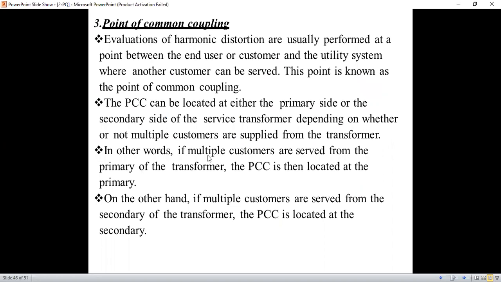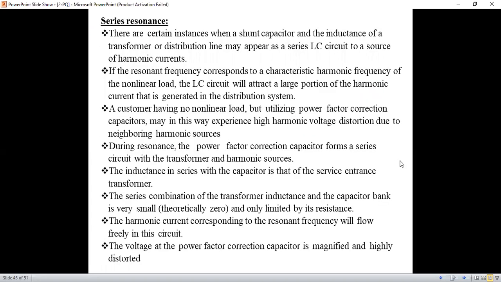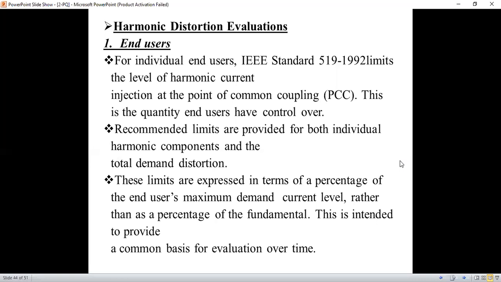If multiple customers are served from the primary of the transformer, the PCC is then located at the primary. On the other hand, if multiple customers are served from the secondary of the transformer, the PCC is located at the secondary. This is very simple. So these are the harmonic distortion evaluation methods where we are going to limit the distortions.